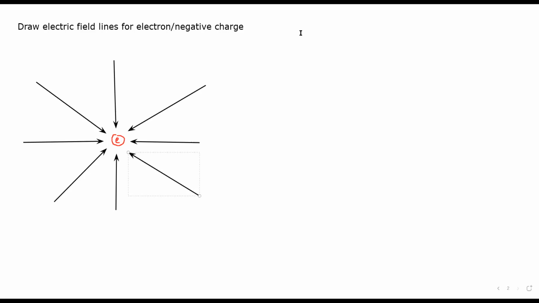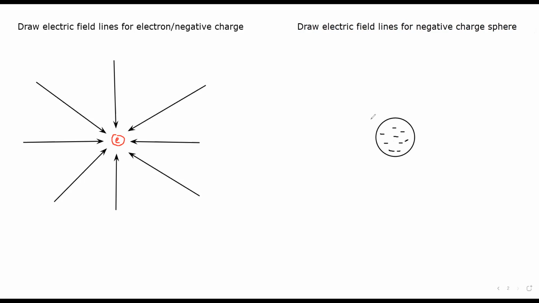And if I want to draw the electric field lines for a negative charged sphere, how do we represent it? The negative charged sphere has more negative charge, so it will have greater strength.